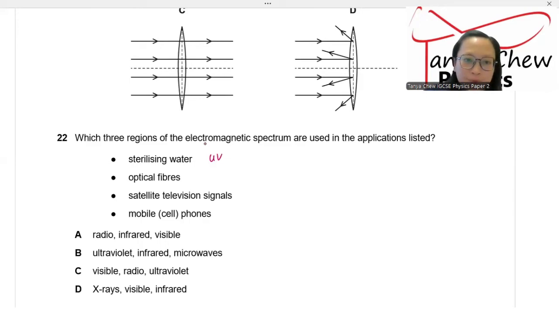And optical fiber, we use infrared. Satellite television signal, we use microwaves. Mobile phones, we can use radio waves. Right, let us see. I don't use visible, okay? All the visible I have to cancel. We don't have visible light. So the answer is B. The best answer is B.